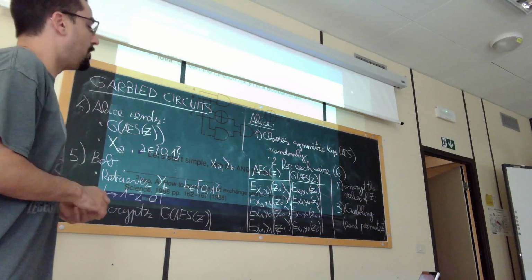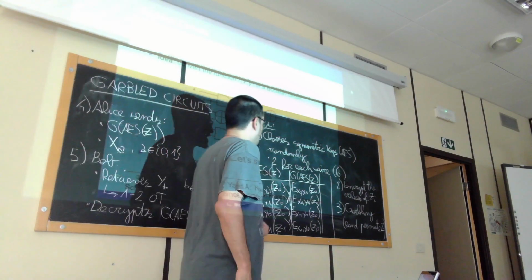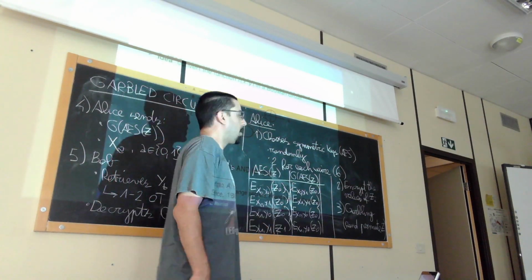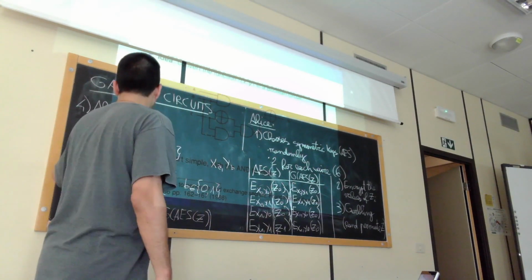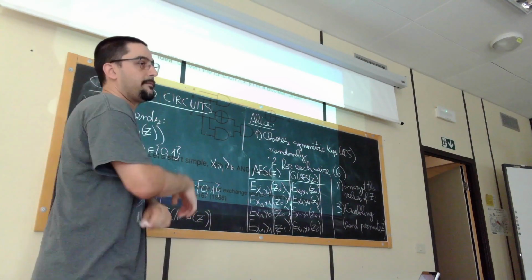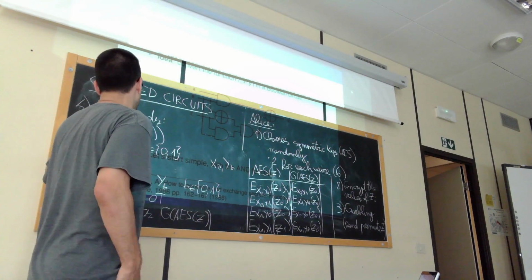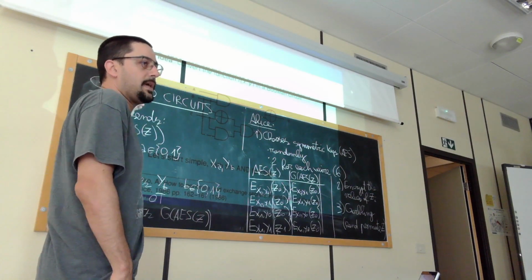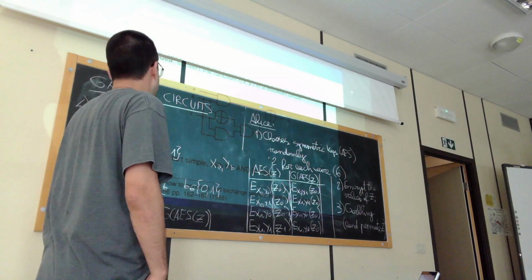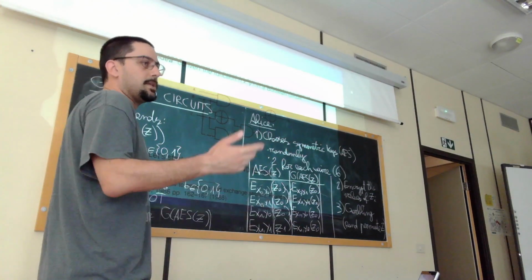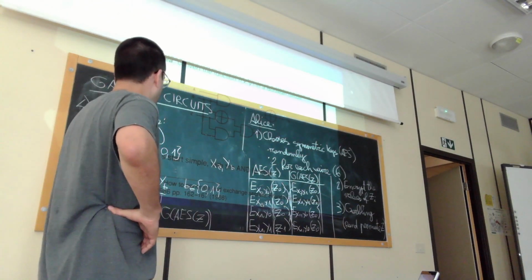So he learned what is the output of the AND function without understanding what is the value of Alice, because this would be, let's say, a random AES key, and he doesn't know whether it is encoding 0 or 1.